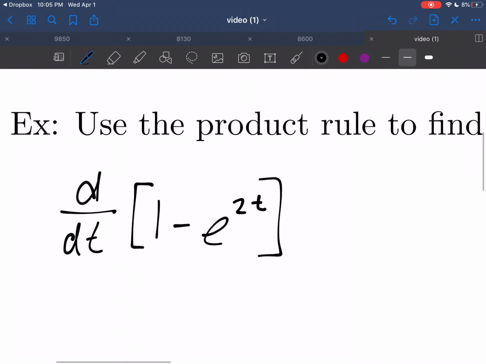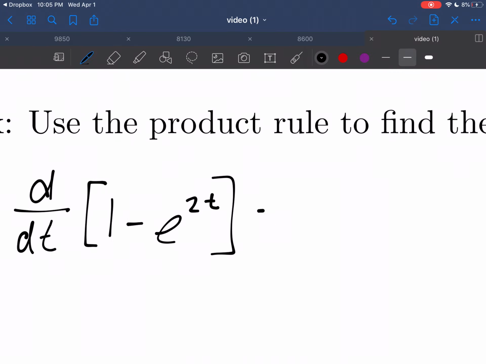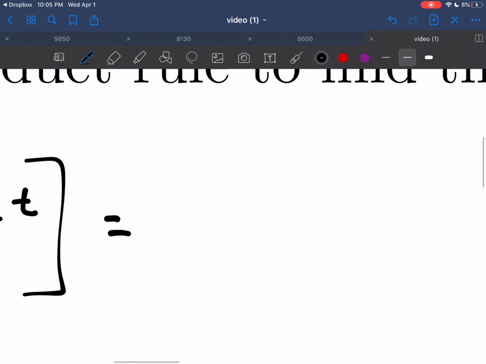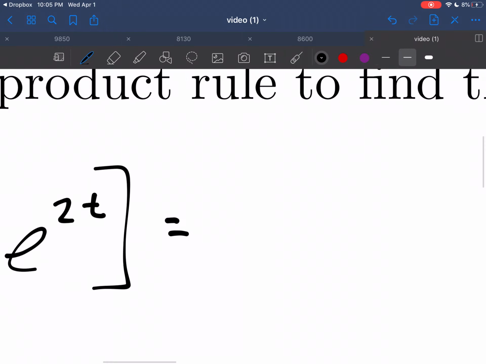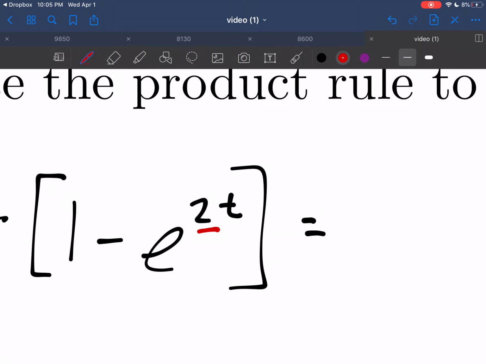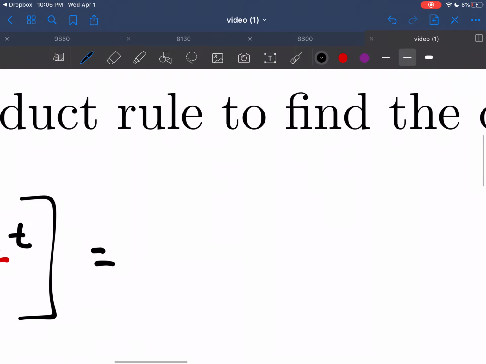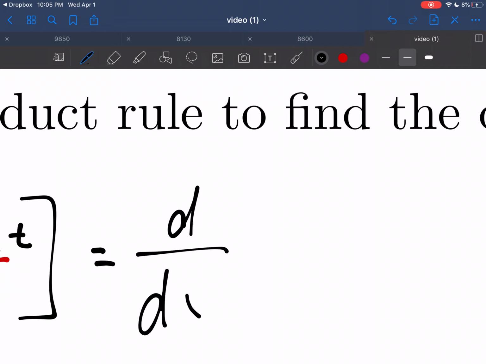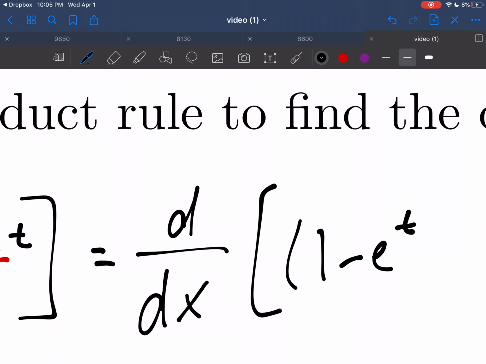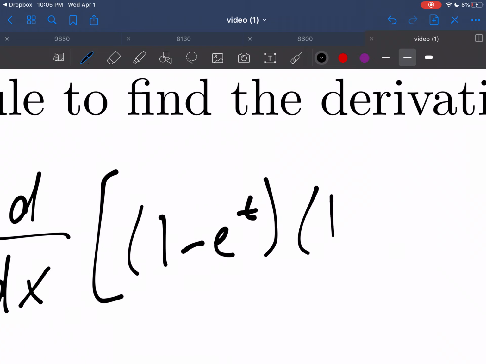All right, so we can rewrite this as the product of two functions. Remember, if you've got the difference of two squares, that being a square there, we can rewrite it. So it's 1 minus e to the t, times 1 plus e to the t.